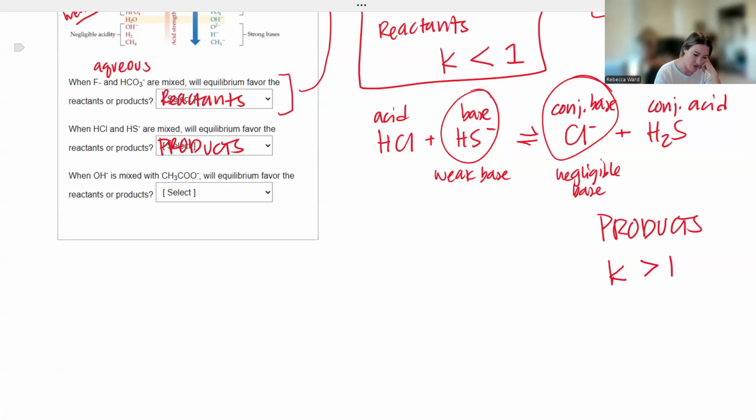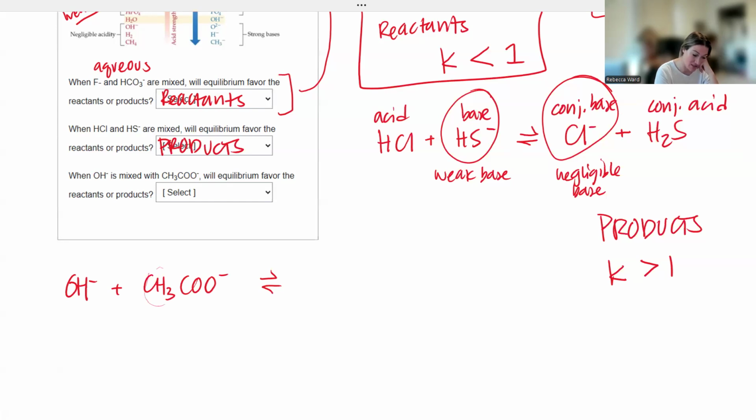And then lastly, we have OH minus plus CH3COO minus. Okay, and we are going to have CH3COO minus take a proton from OH minus.